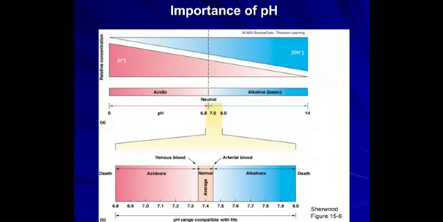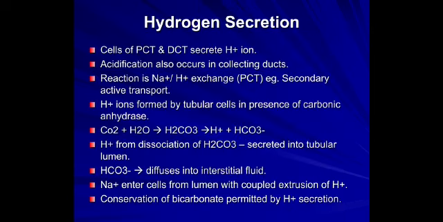You can see that it is acidic if the pH decreases below 7, and if it is more than 7, it is alkaline. You can understand that in venous and arterial blood there is a variation. So, the average is between 7.35 and 7.45. That is the normal body pH.